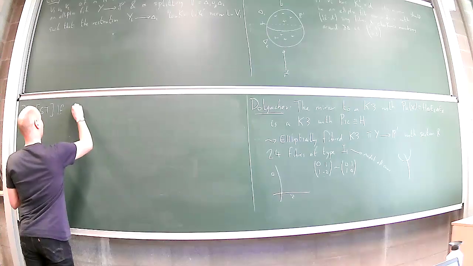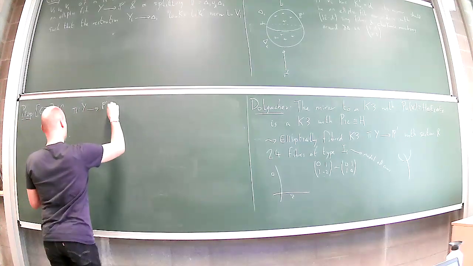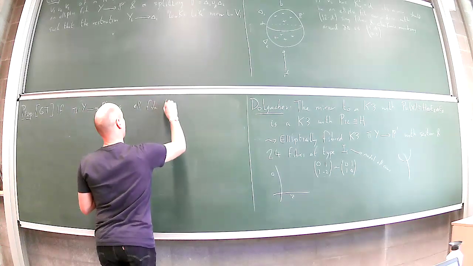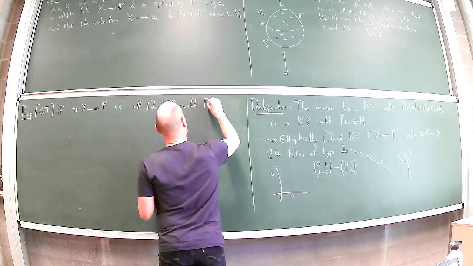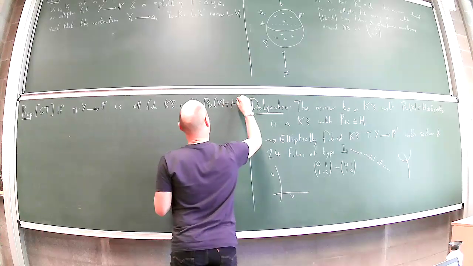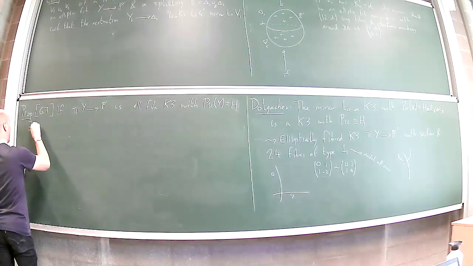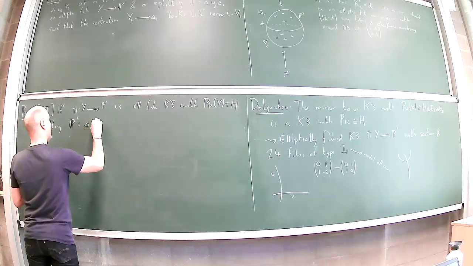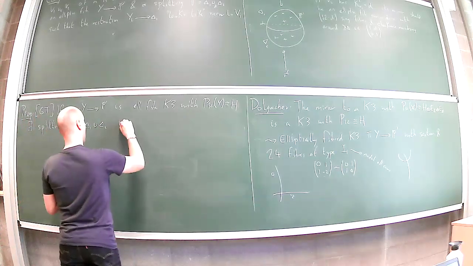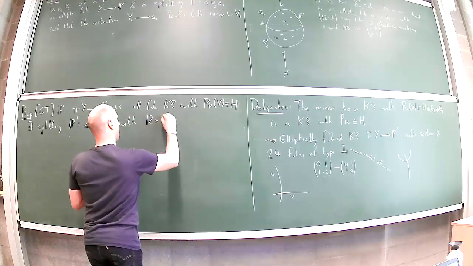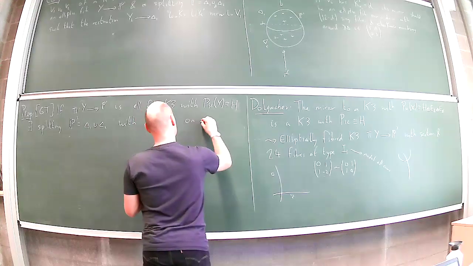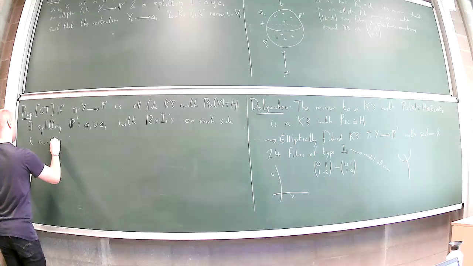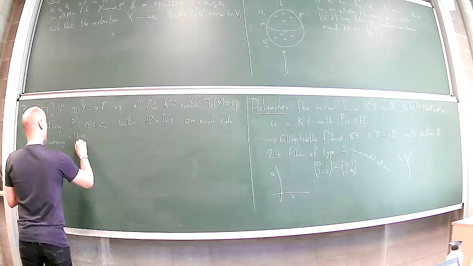So, if pi from Y to P1 is an elliptically fibred K3 with Pic Y the hyperbolic plane, then there exists a splitting of P1 into two disks like this, with 12 I1s on each side, and monodromy (1 0; 0 1).